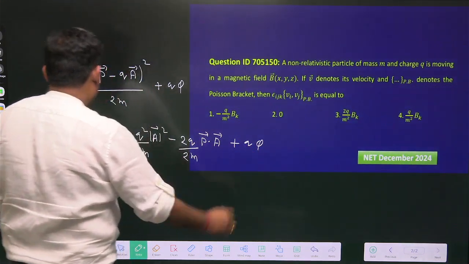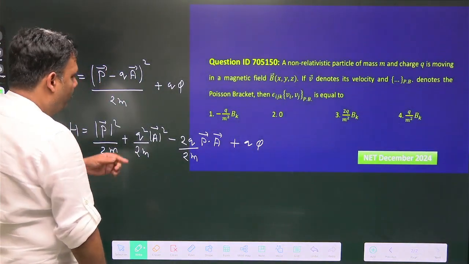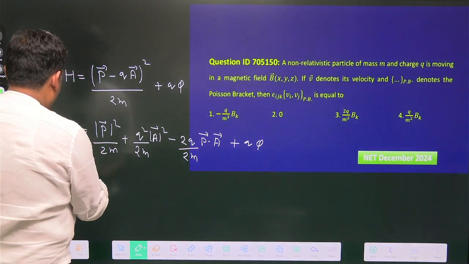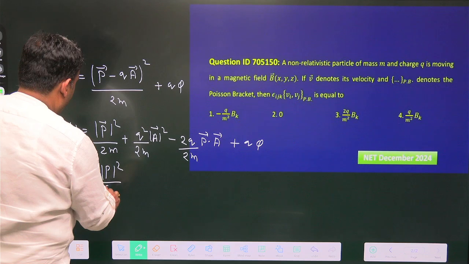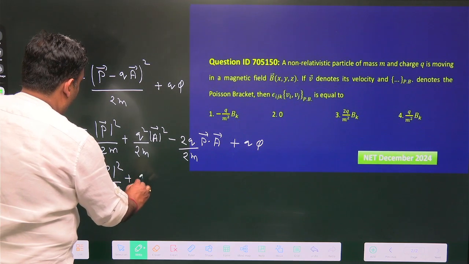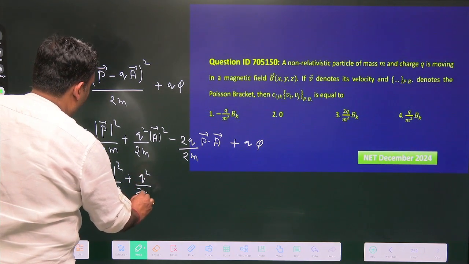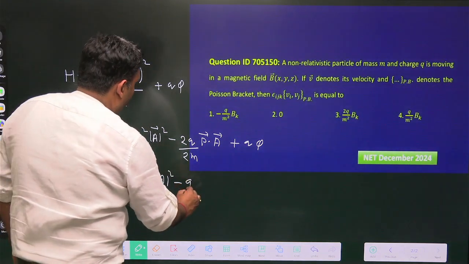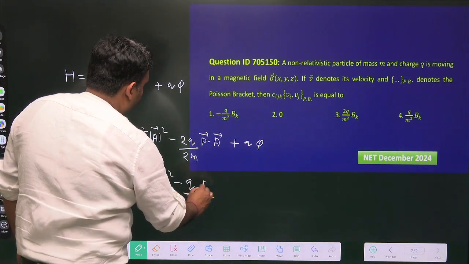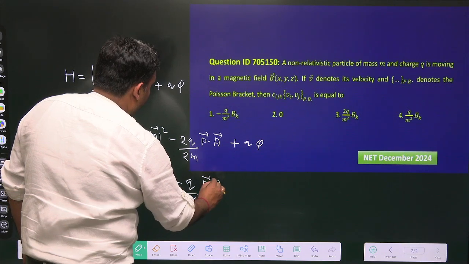So H is equal to P squared upon 2m plus q squared upon 2m mod A squared minus q by m P dot A, plus q phi.